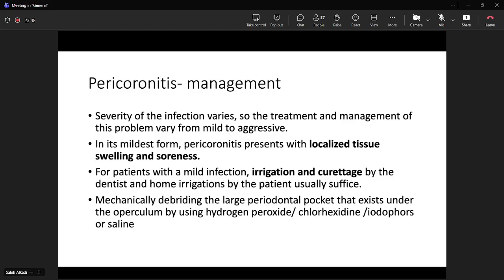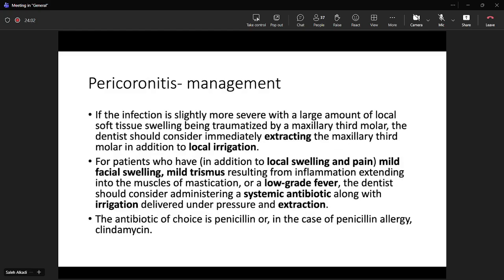Each time rinse with chlorhexidine for 1 minute, and he can also use salty water or normal saline to flush under the operculum using a monoject syringe. And of course, we have to provide the patient with painkillers to relieve pain.